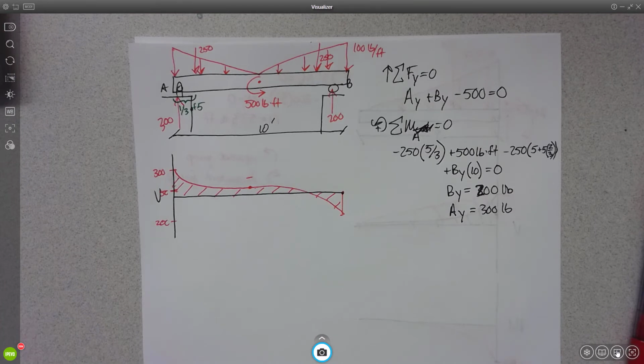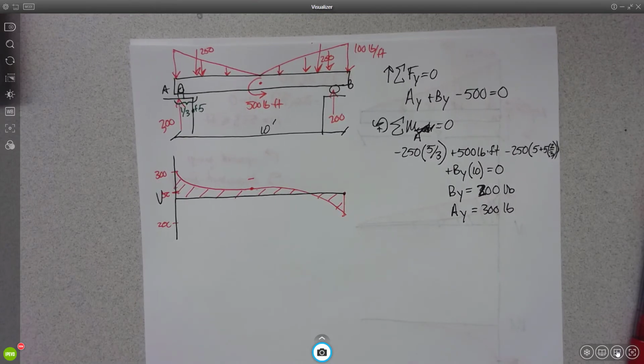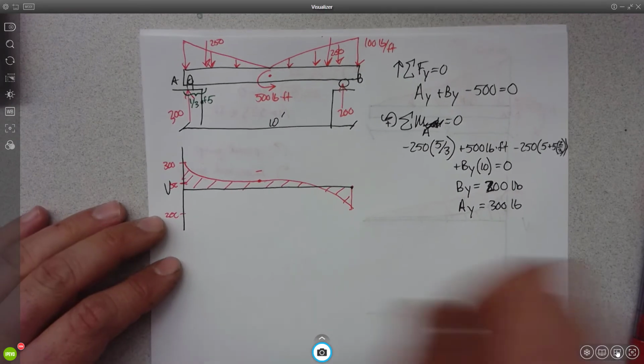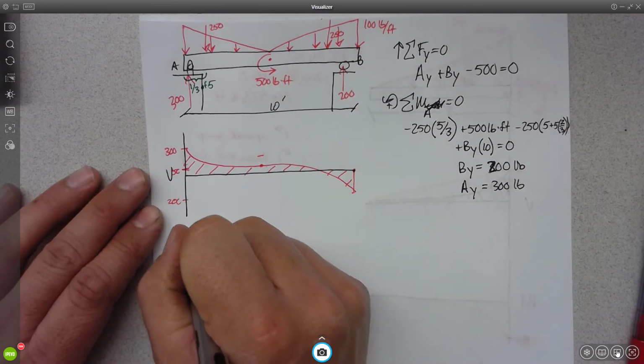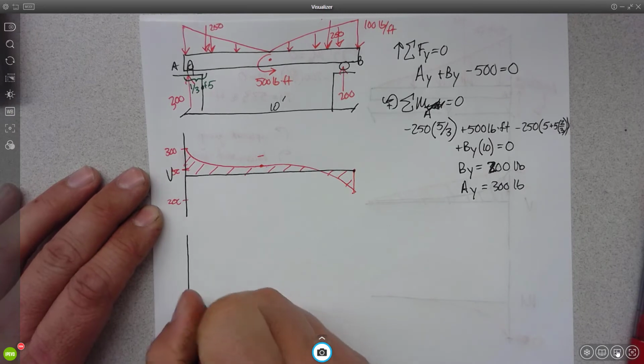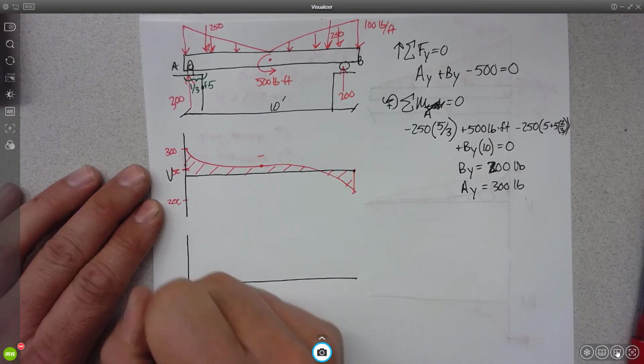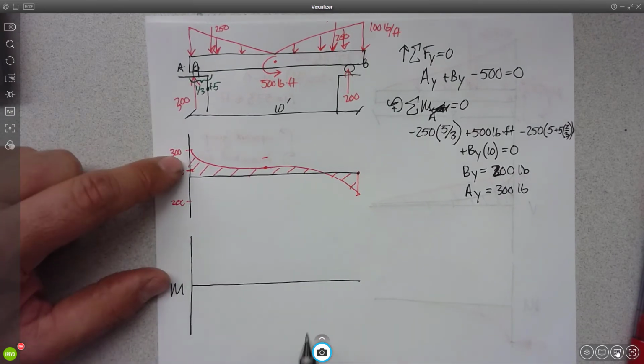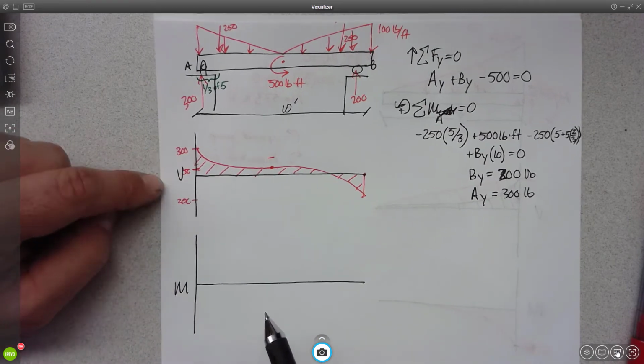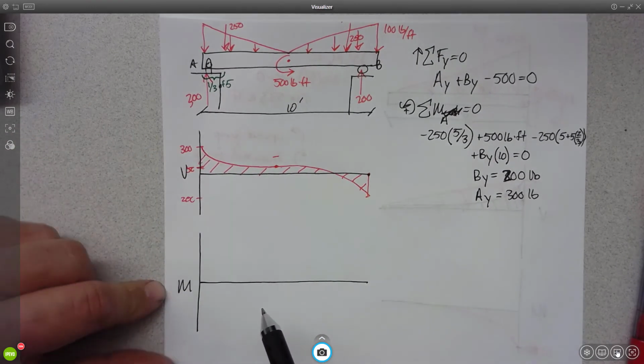Anybody want to do the moment diagram? We can guess, right? What do we know is going to happen in this guy? It's going to be a cubic. But if we just think about it, what's the shear diagram tell me about the moment diagram?